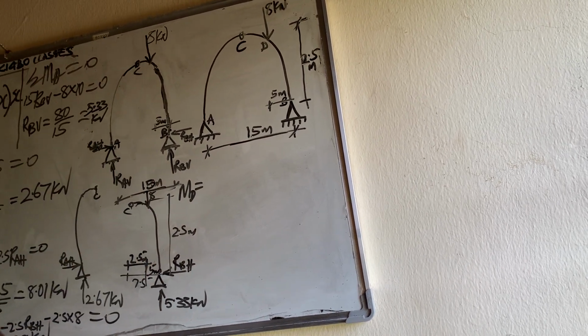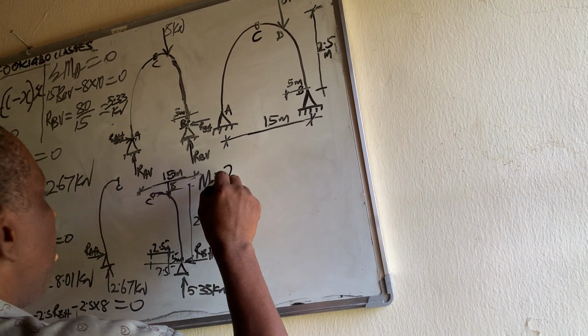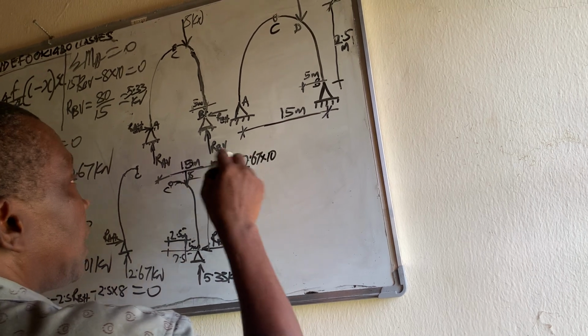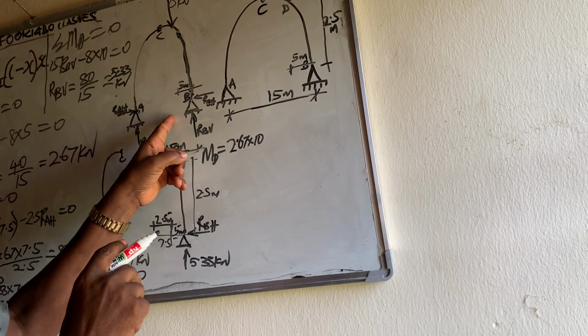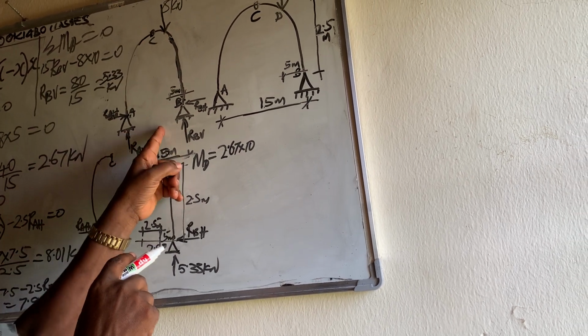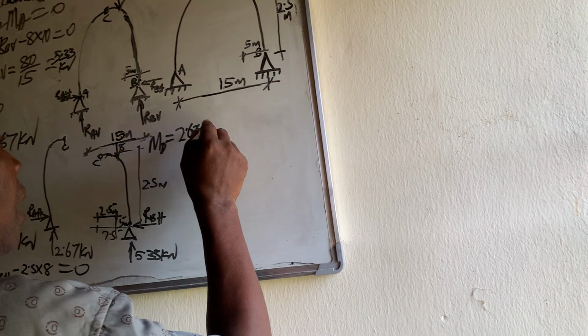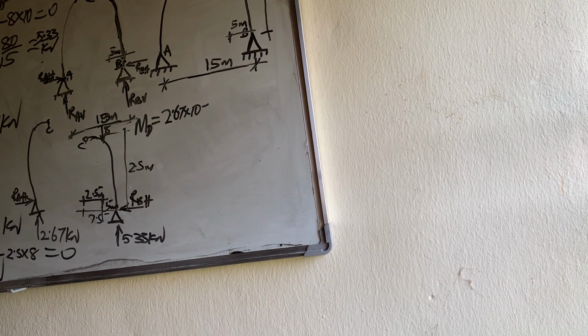what was that RA? We got RA vertical to be 2.67 times 10, because that is RA times the distance, the perpendicular distance, which is horizontal, then minus RA horizontal.